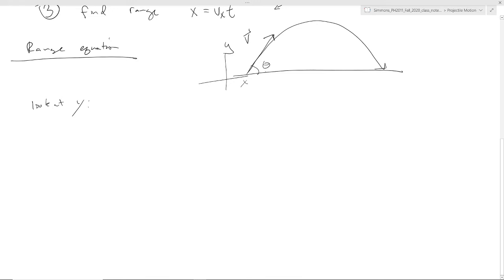We need the component of that velocity that is in the y direction, and that's going to be the initial velocity times sine theta. Actually, I'll indicate this initial velocity as v naught. So if we know the y component, what do we do next? We can find the time.